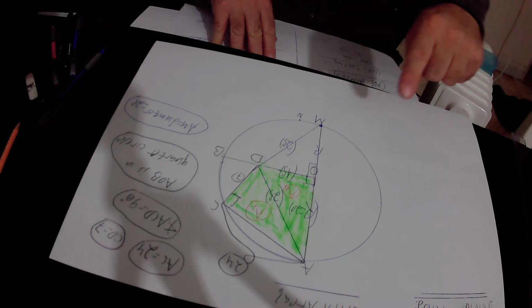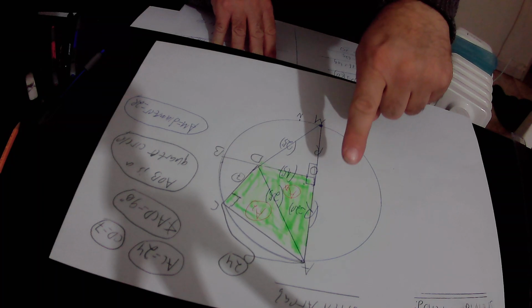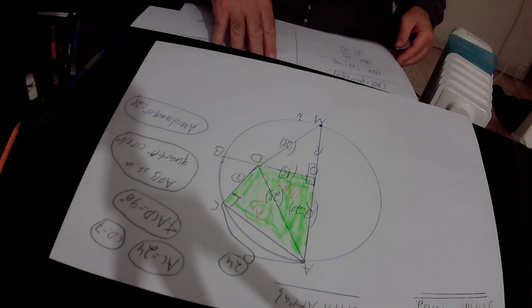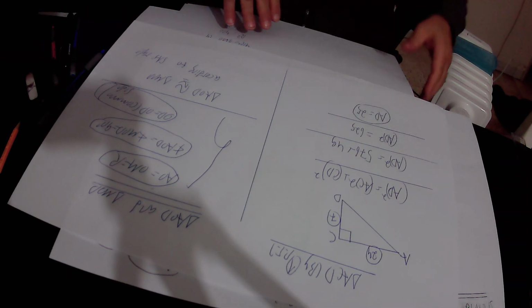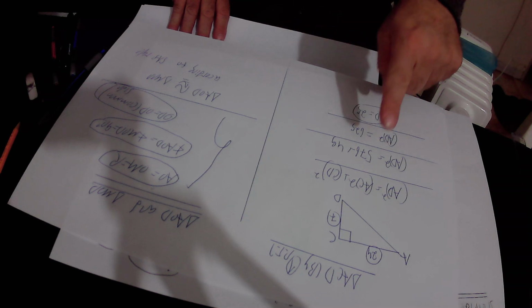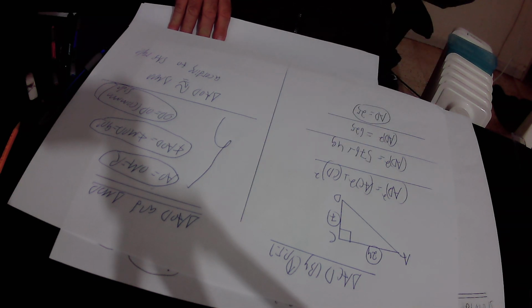In the second method, we joined points A and D. In this case, we created the right triangle ACD. I copied the right triangle here. This is the right triangle ACD that I copied from the original drawing. Side AC equals 24, side CD equals 7 units, according to what is given.